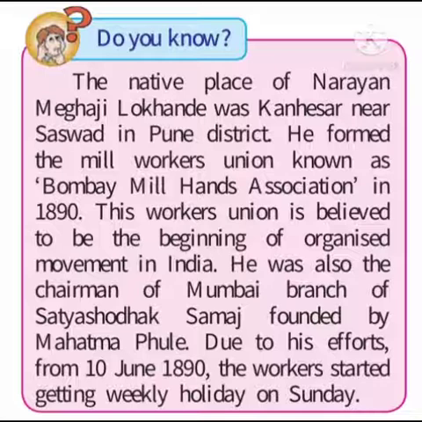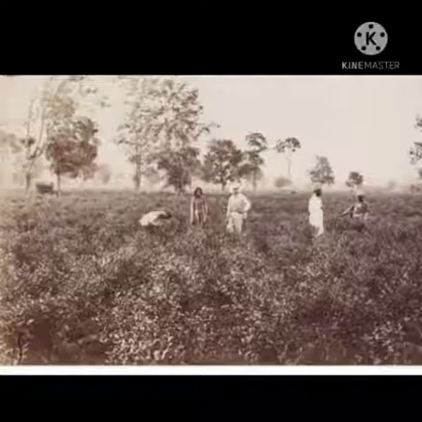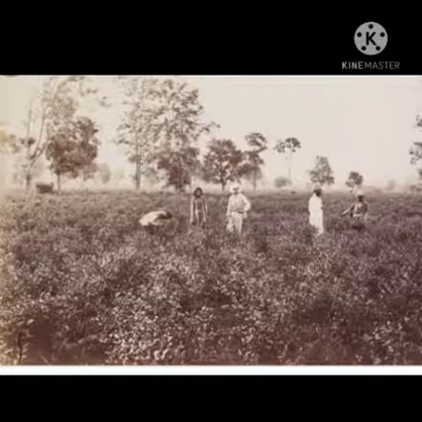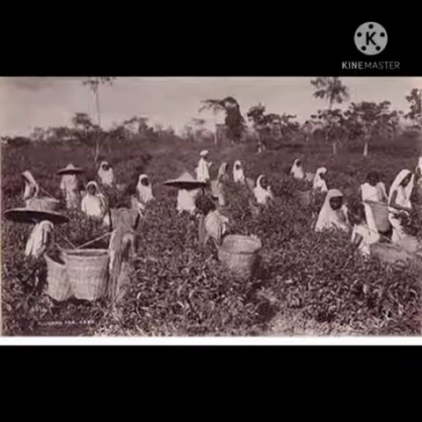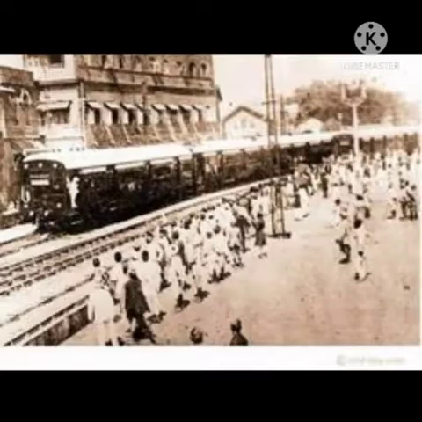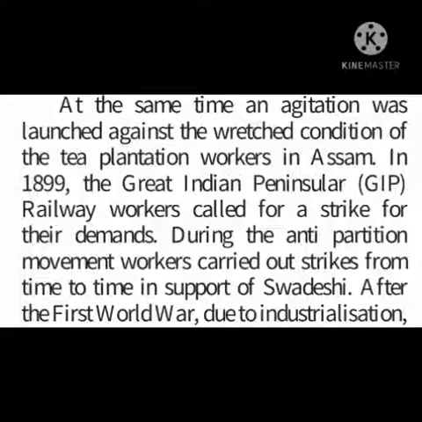Due to the efforts of Narayan Meghaji Lokhande, the workers started getting weekly holiday on Sunday from 10th June 1890. At the same time, an agitation was launched against the poor condition of the tea plantation workers in Assam. In 1899, the Great Indian Peninsular Railway workers called for a strike for their demands.